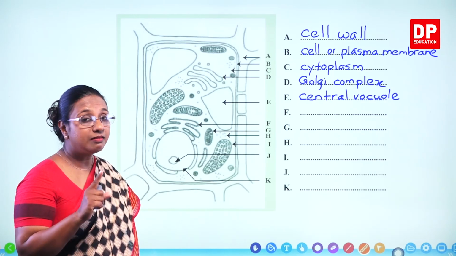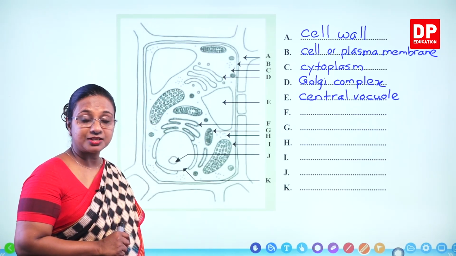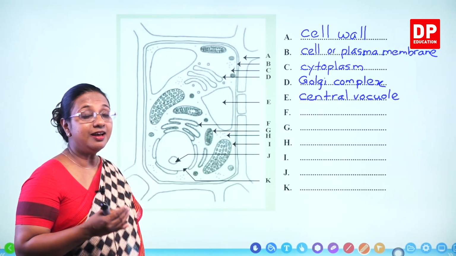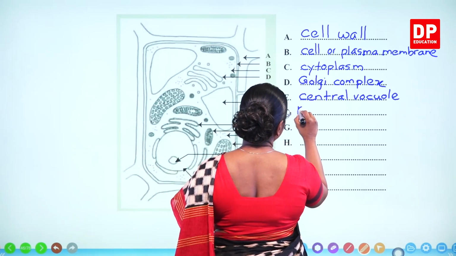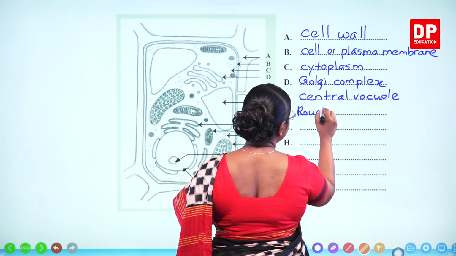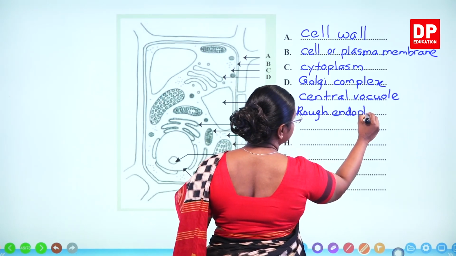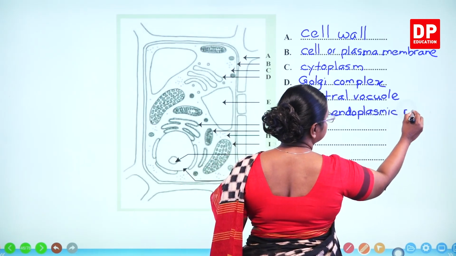Those are the ribosomes. So what is this folded membrane-like structure or the network of membrane? It is the rough endoplasmic reticulum. So here this is the rough endoplasmic reticulum.